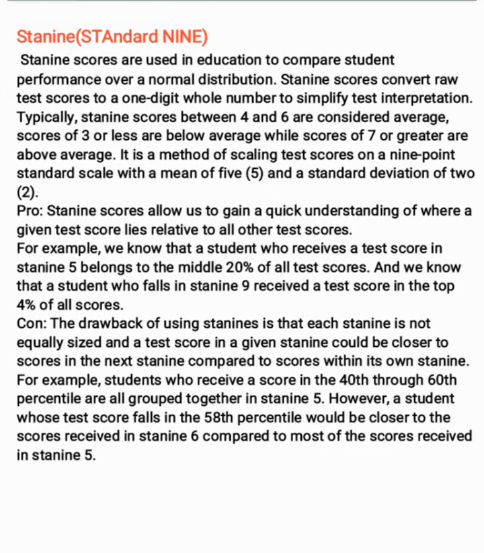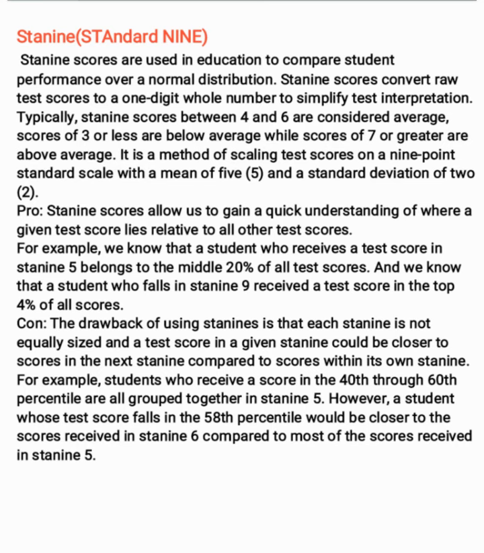Now we have the last one, the Stanine or standard 9 score. The Stanine scores are used in education to compare students' performance over a normal distribution. So Stanine scores convert raw test scores to a 9-digit whole number to signify test interpretation.